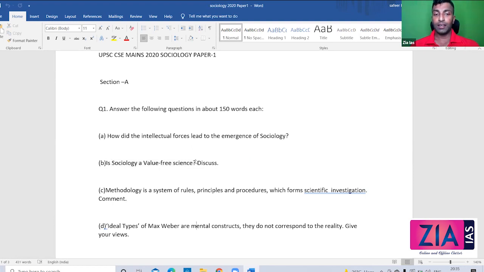Now, methodology. Guys, methodology means what? It's a complex of methods. Methodology is a broad term which involves different methods and the way you are studying a phenomenon. How you are studying a phenomenon. That's what methodology is about. Methodology is a system of rules, principles, and procedures which form scientific investigation. It's going to be easy.